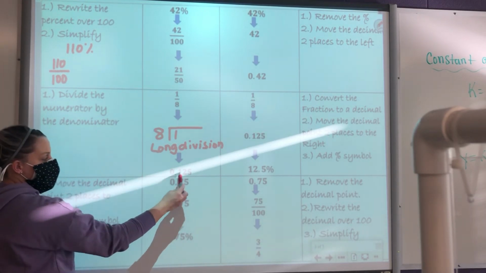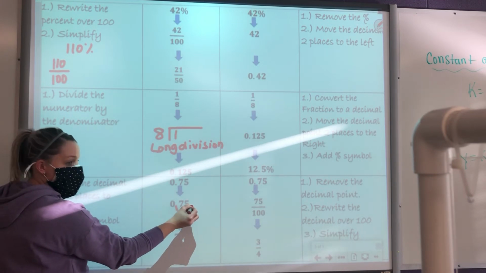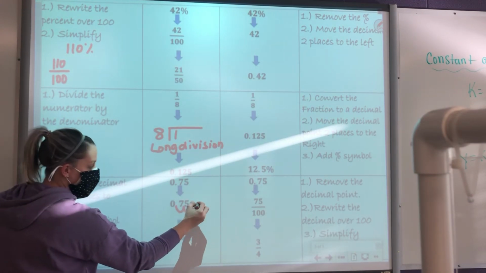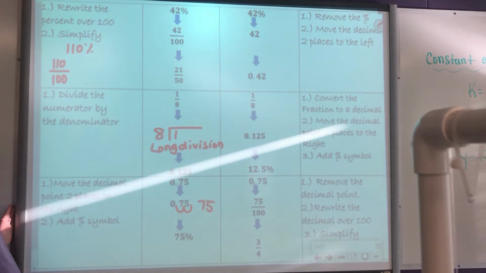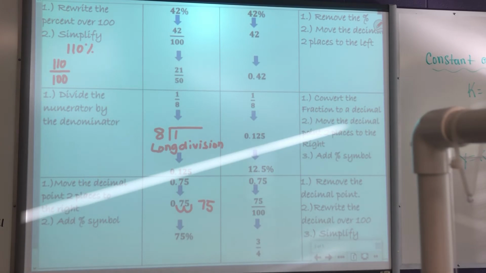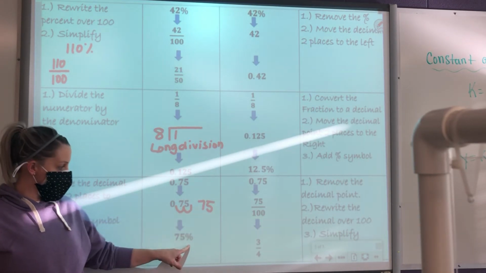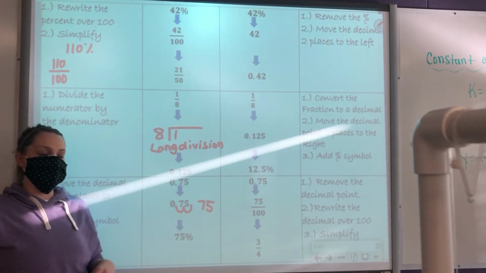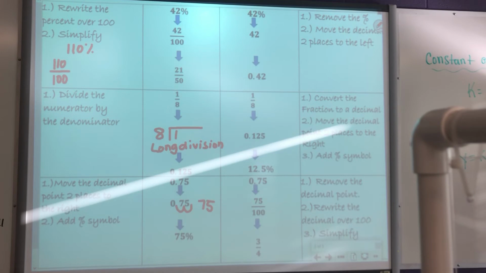So we start with our decimal and we move it 1, 2 to the right, so we get 75, and then we add our percent symbol. Okay. So you should have 2 loops here, 75, and then we add the percent symbol. So move the decimal 2 places to the right and then add the percent symbol.